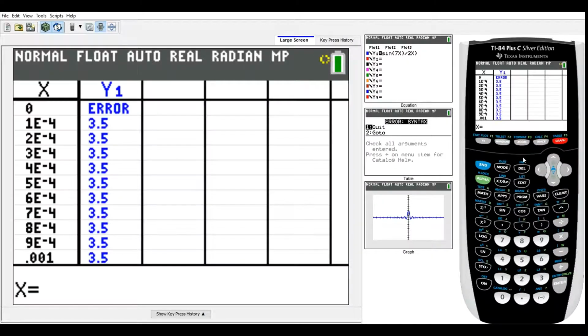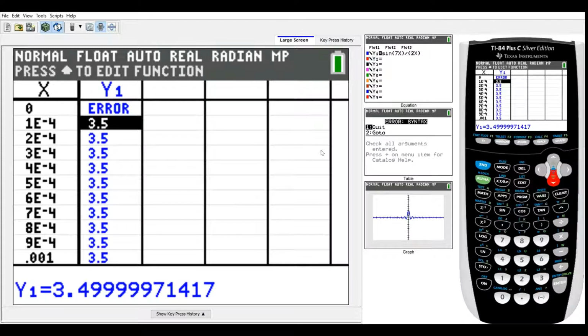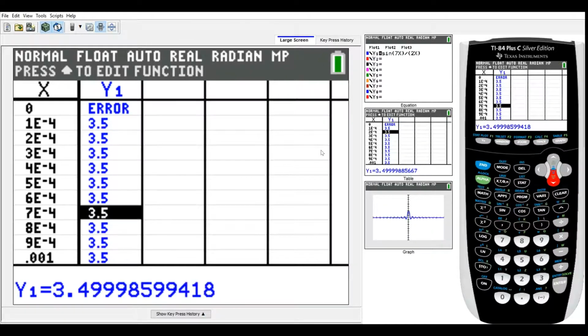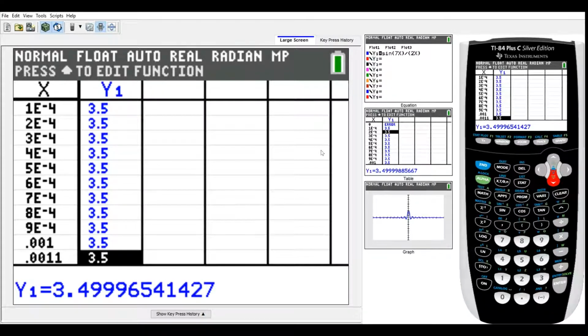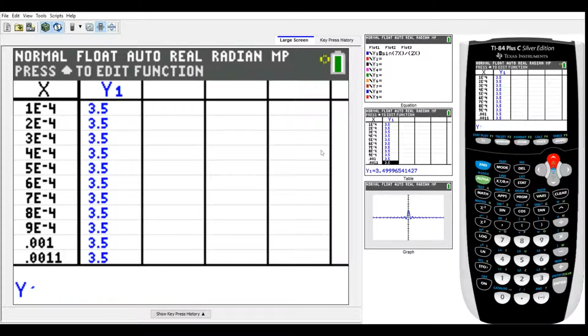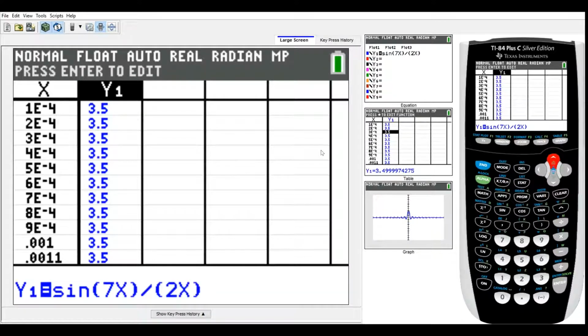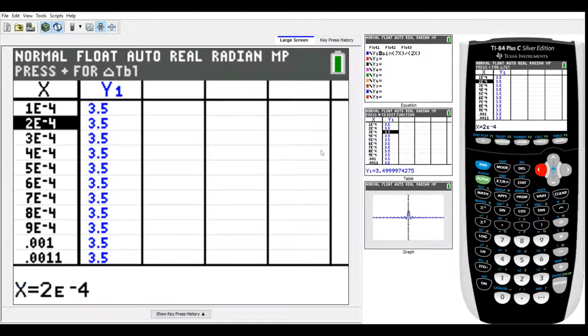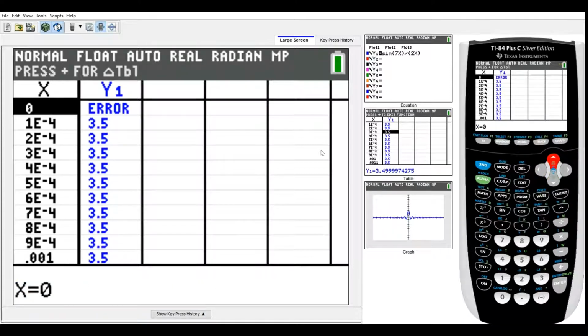which should take us to the table. We chose the delta to be small enough here so that it looks like all these say 3.5, but if I arrow over and then down, you can see that, as I start moving back up this list towards x equals 0, this keeps getting closer and closer to 3.5.